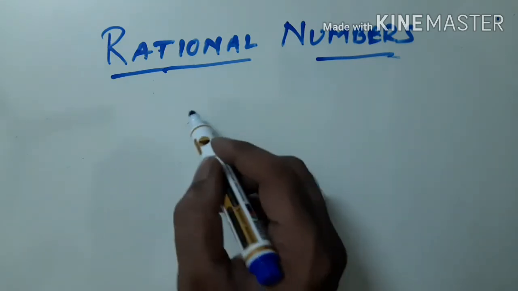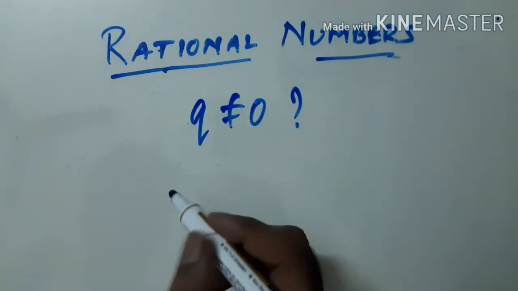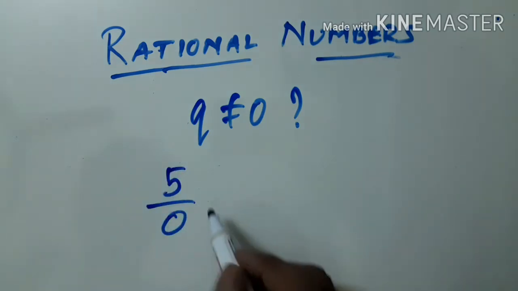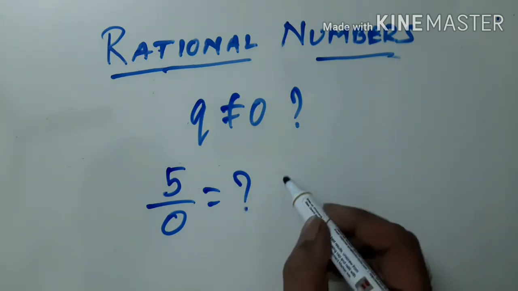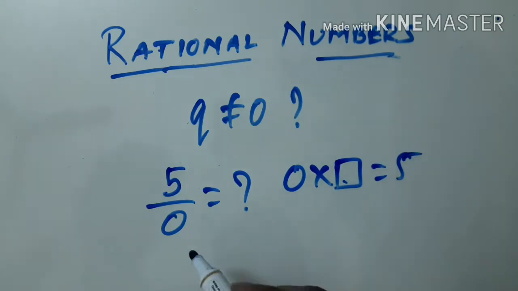But why can Q not be 0? That's the question. Let's imagine we are dividing a number by 0. What can we get? That means, 0 times what should I do so that I will get 5?